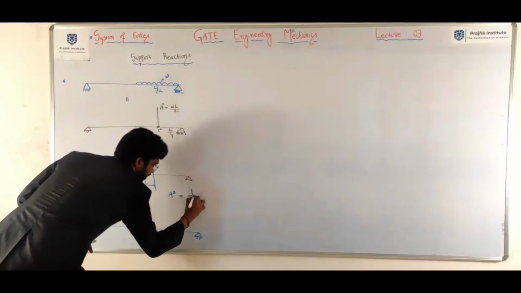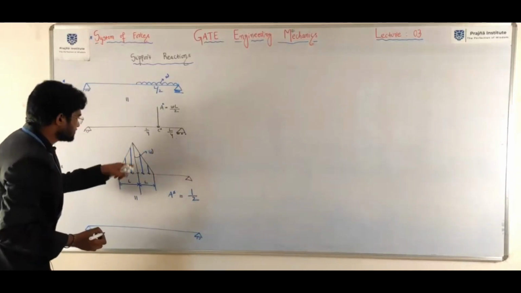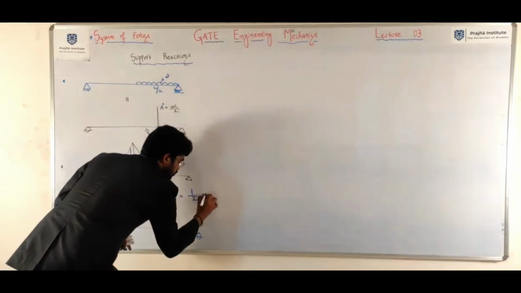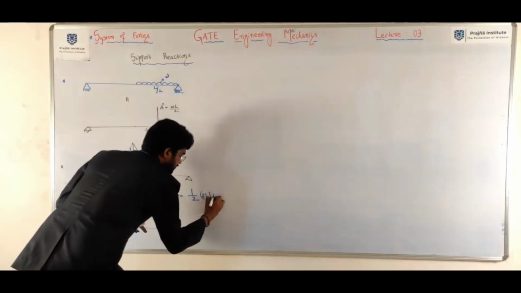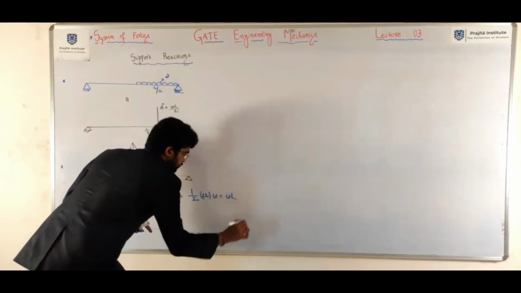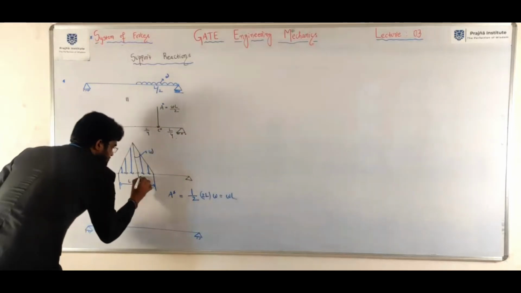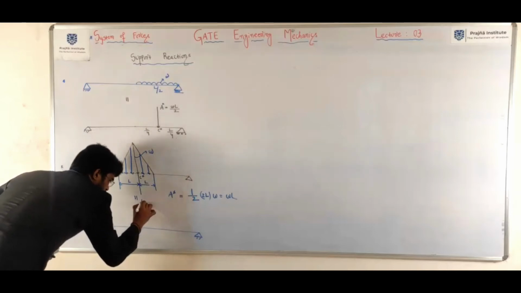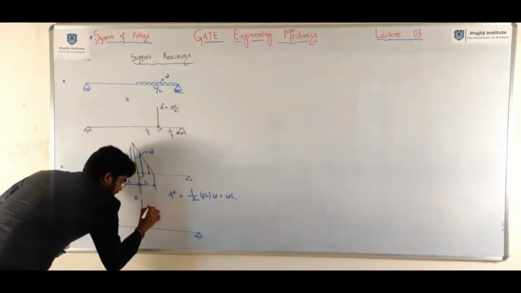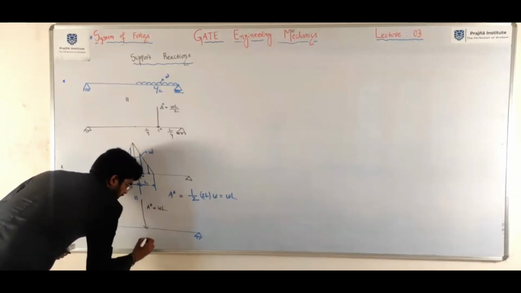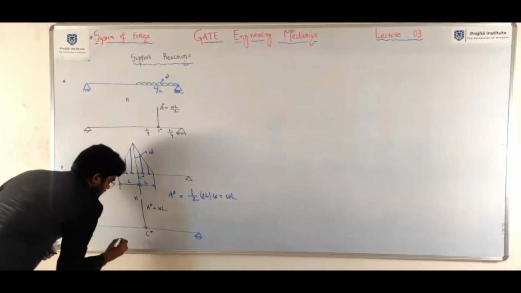The area of this is half into base into height, 2L into height W. Here it is WL. So the total area acts at C star. Total area A star is equal to WL acting at C star.